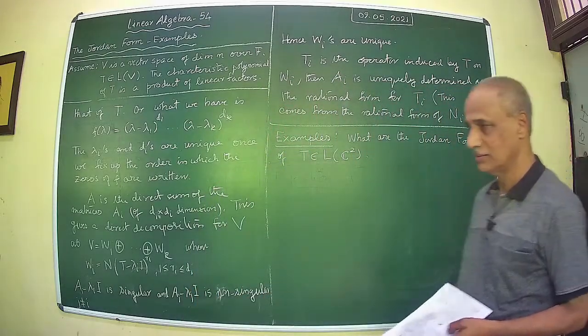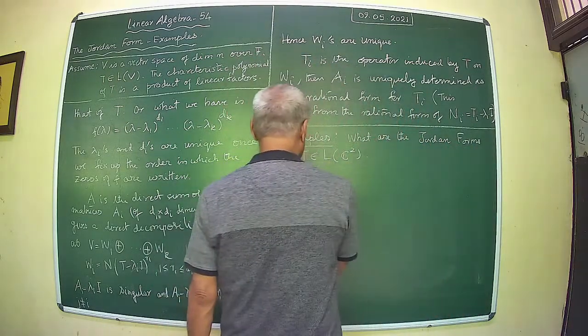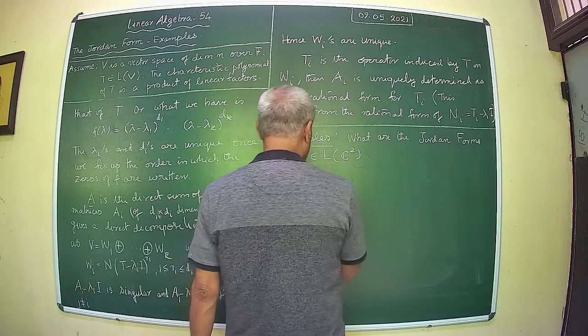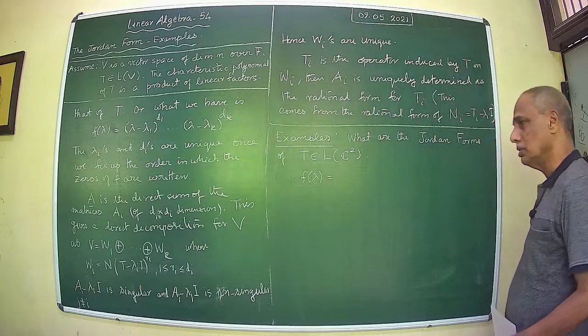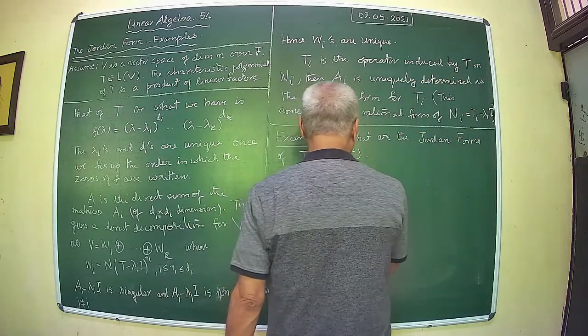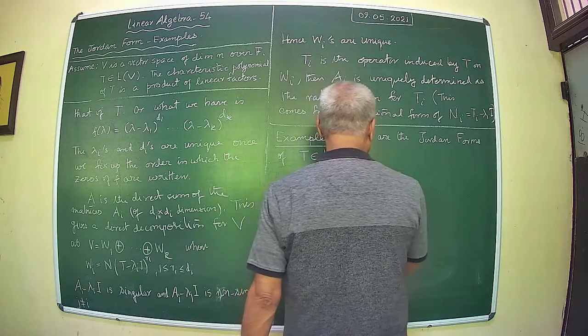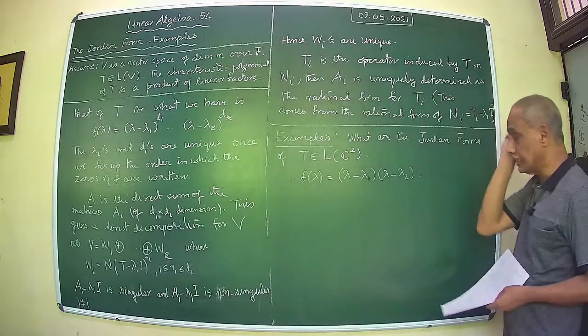What do we have? You know that you take f lambda. F lambda splits into linear factors. It is actually lambda minus lambda 1 into lambda minus lambda 2.